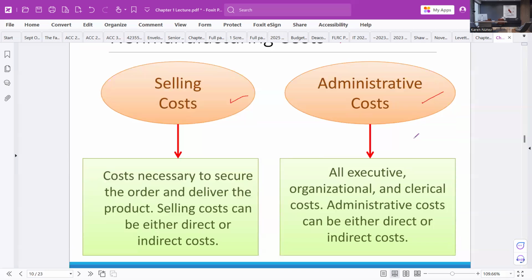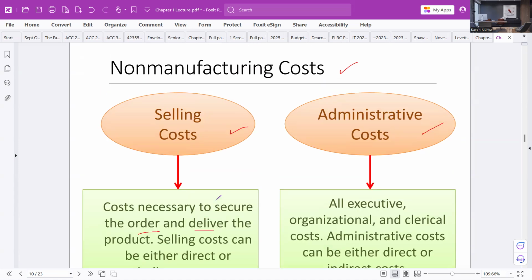So that would also include things like distribution costs, the cost to distribute the product that you've sold to your customers. Those are selling costs. They're not manufacturing costs, right? All costs that are necessary to order and deliver the product. Those are costs that are typically classified as non-manufacturing costs.